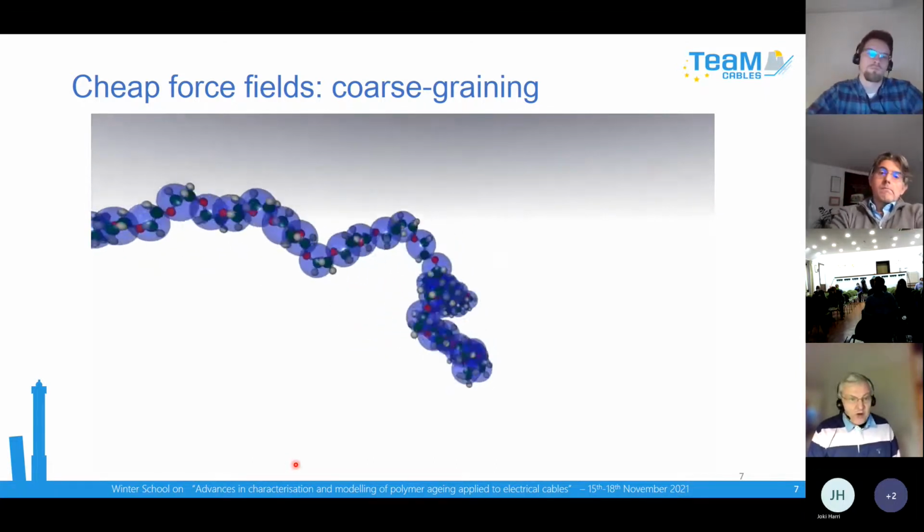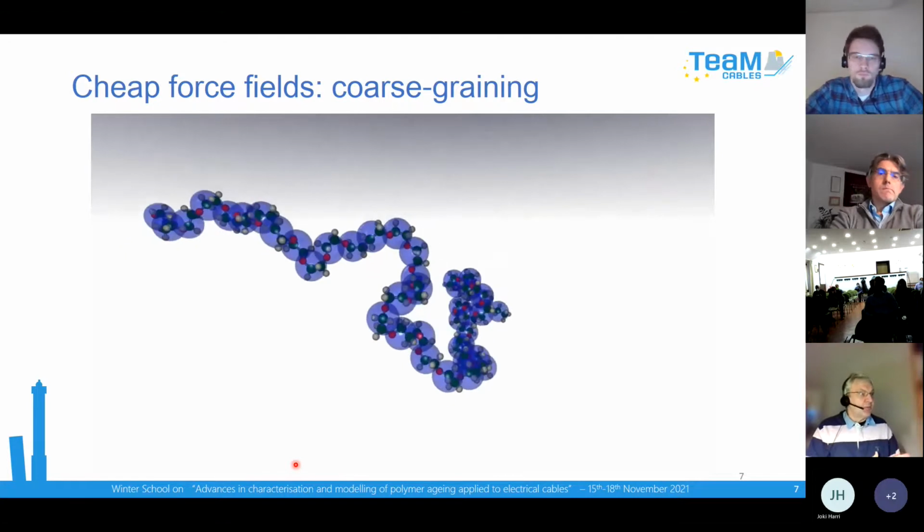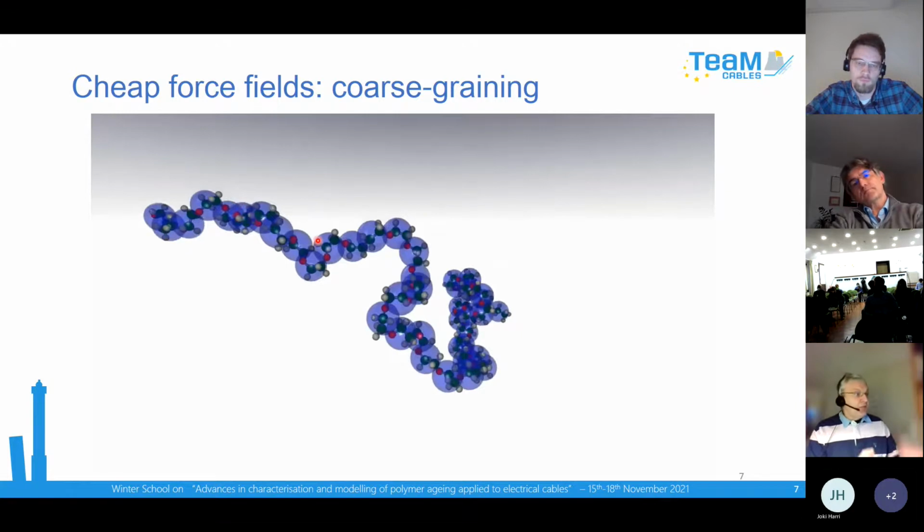So one way of reducing that computational complexity is actually to take a monomer from the polymer and represent it with one simple larger particle. And if we then define the interaction potentials between these blue spheres instead of all the small spheres, we call this coarse graining, and we call them coarse grained potentials.